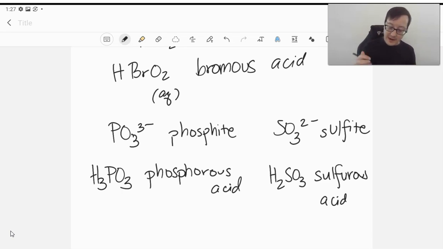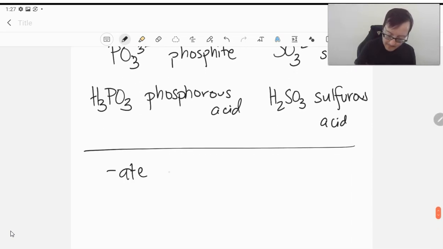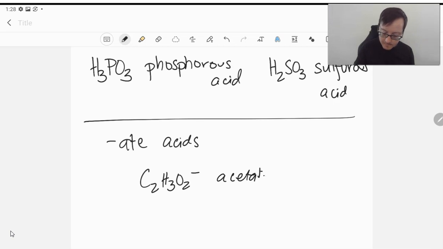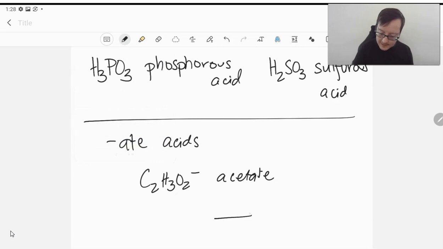And lastly, we have our ate acids. And these are perhaps the easiest ones, and one of the more common ones. We have, for example, acetate. We're going to see what we do is we drop the ending and add ic acid.